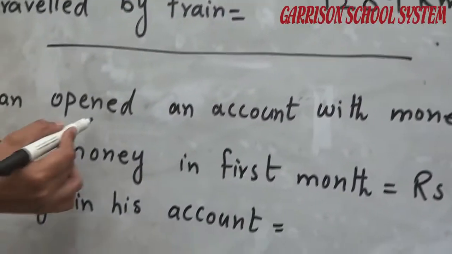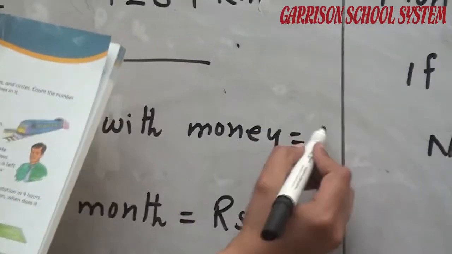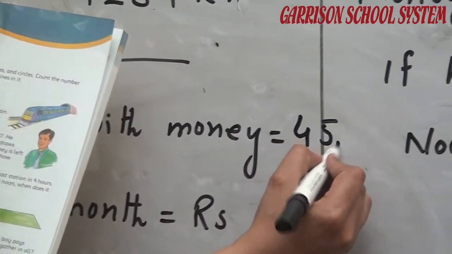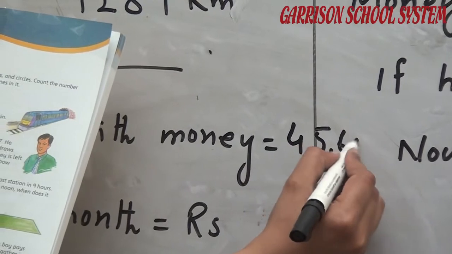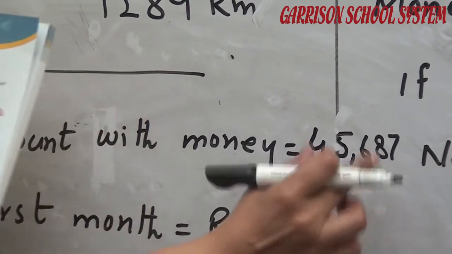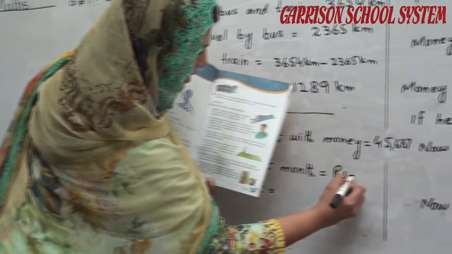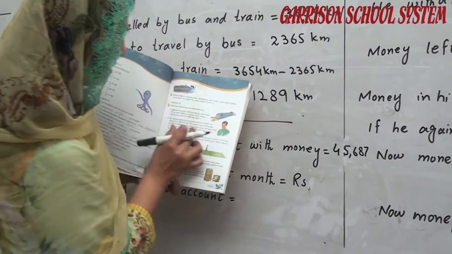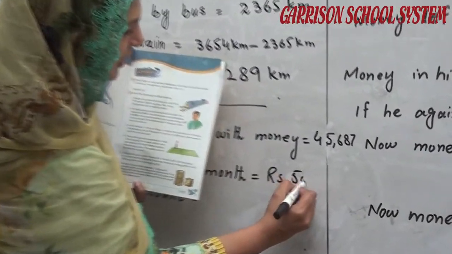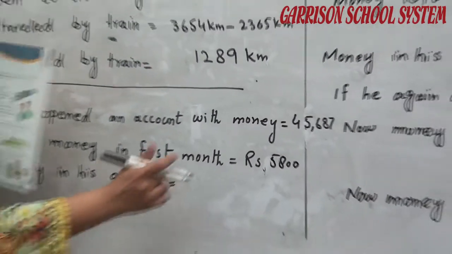So let's see. Mr. Hassan opened an account with 45,687, so he opened with this money. He deposited in the first month, how many rupees? He deposited 5,800.